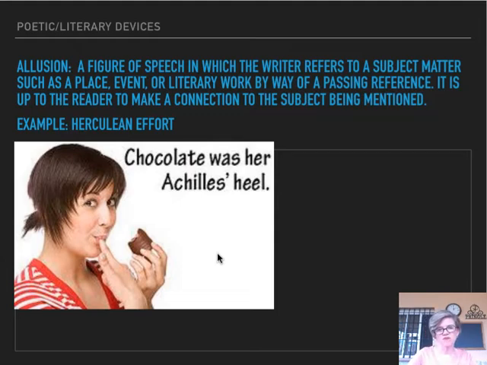The example that I have here is Herculean effort. Another example from an image I found is chocolate was her Achilles' heel. Both of these are references to old myths. Hercules and Achilles are both characters from Greek mythology. And to understand fully what's being referred to, the reader needs some familiarity with those myths.